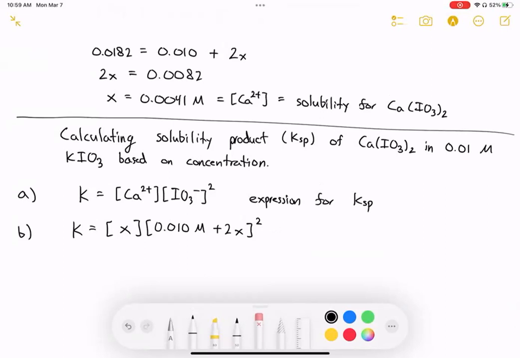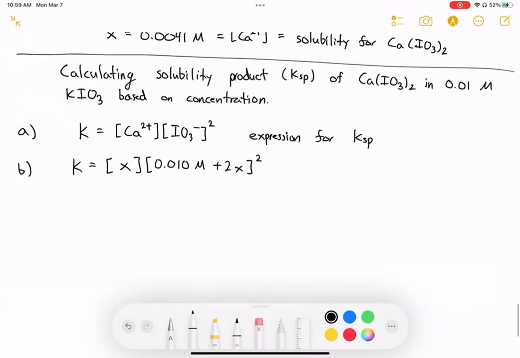But instead of expanding it, it might just be easier to plug in everything in one go. So let's do that. K equals X, which is 0.0041 times 0.010 plus 2 times 0.0041, and then square that whole bracket there.